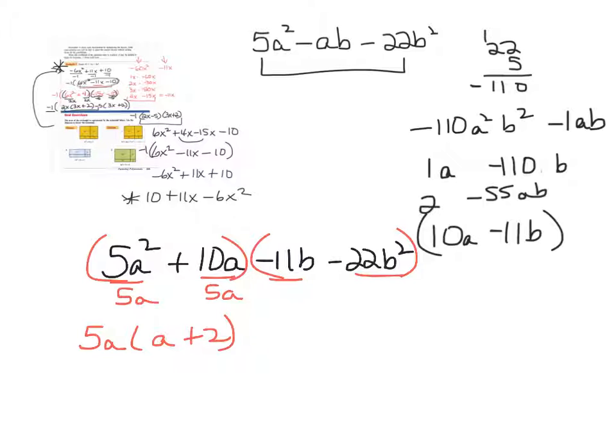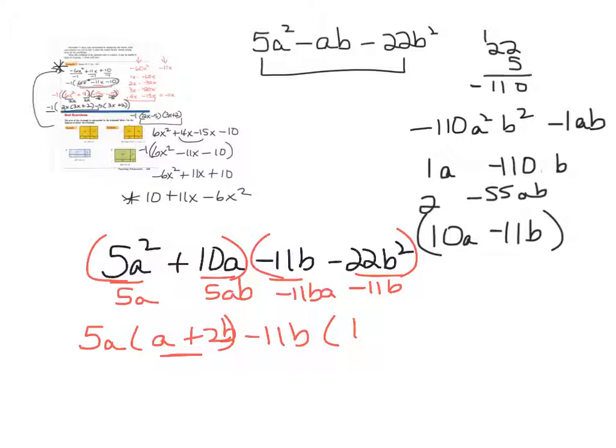Over here, again, I need to make it look like a plus 2. So I'm actually going to pull out a GCF of negative 11b. This gives me 1. Hold on. Needs ab. Okay, so then this gets a b.